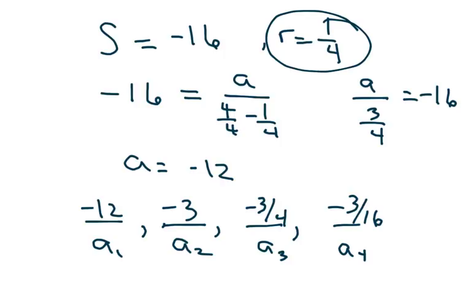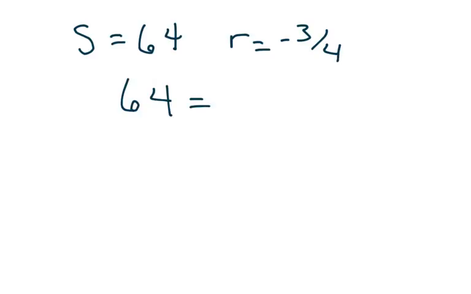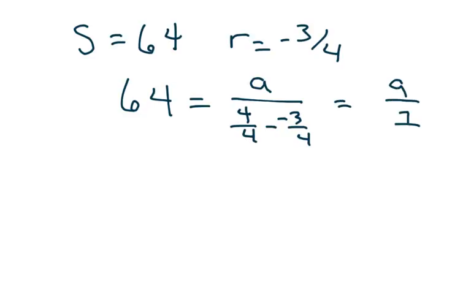Okay, let me try to do another one. Let's try the first 3 terms, where the sum is 64 and r is -3/4. So we're looking for a, the first term, over 4/4 minus -3/4, which gives us a over 7/4 equals 64.